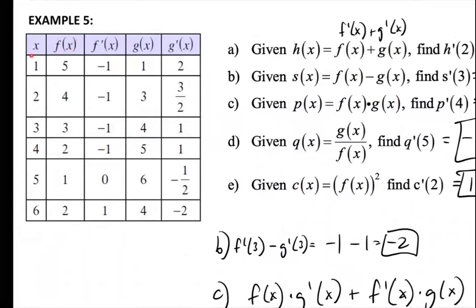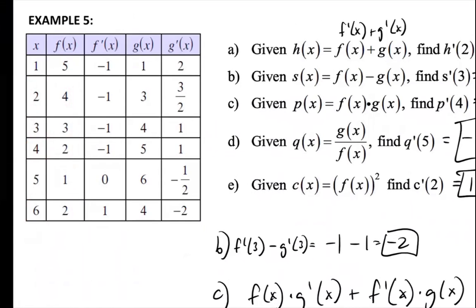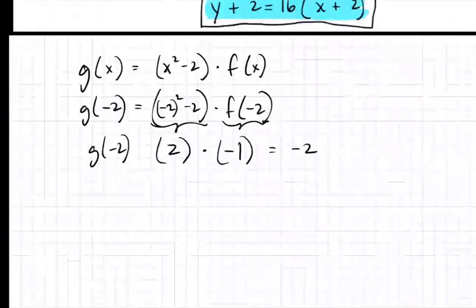I would label 1, 5, that's 1 dot, and then 2, 4, 3, 3, 4, 2, 5, 1, 6, 2, right? I can make all of those dots and make a graph, connect the dots and all of that. Same thing with f prime, g of x, g prime, right? So instead of a table, they give us a graph, which is still visual.